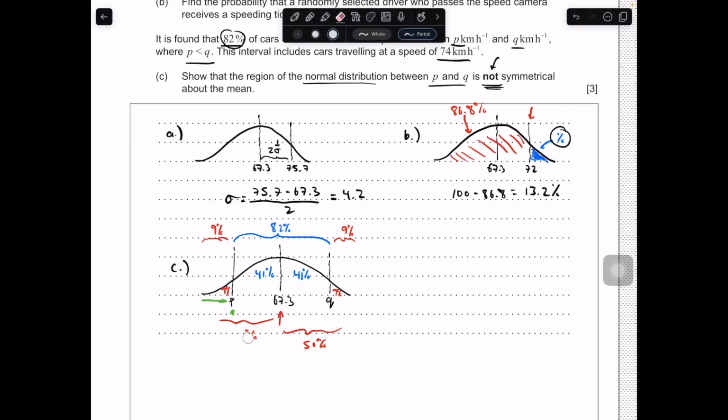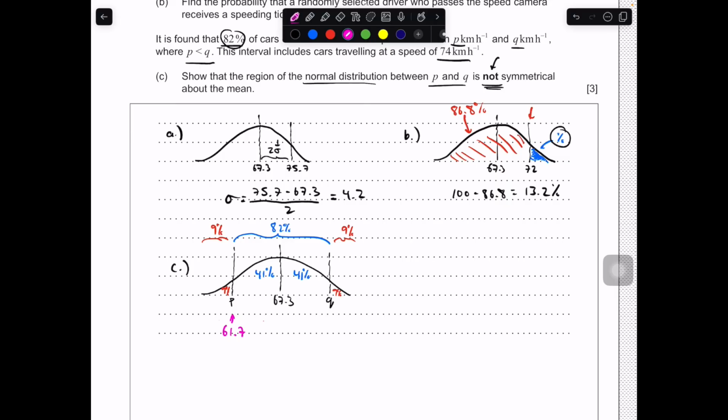So let's see. I'm going to erase some of this. Okay. So we imagine that this right here, pink is good. We imagine that this lower bound is 61.6688 or 61.7.